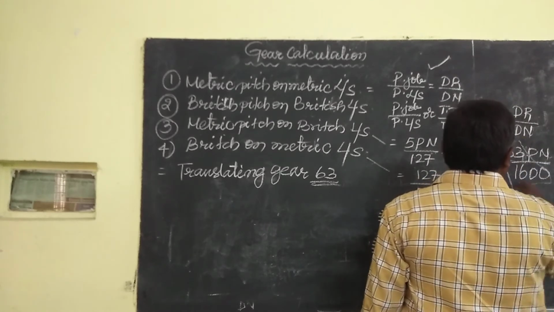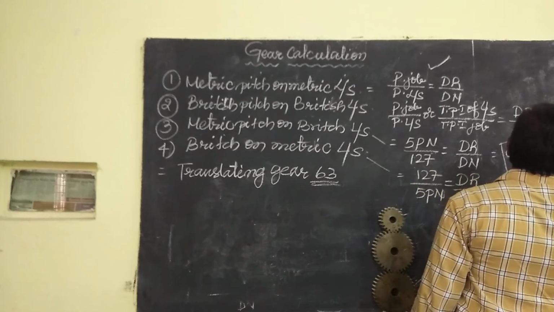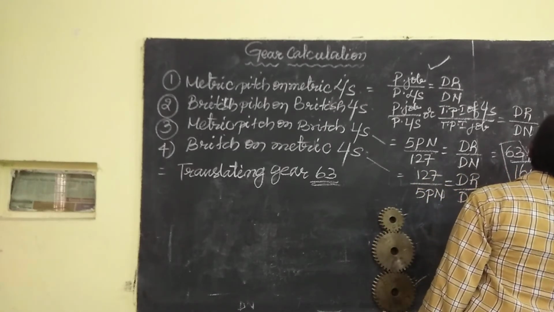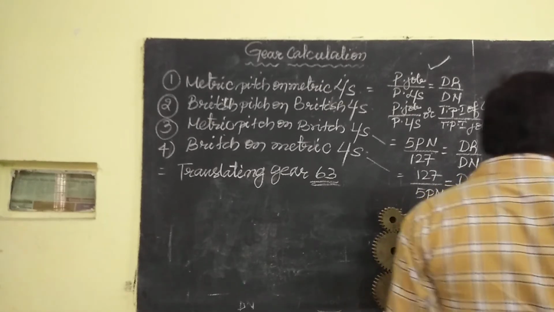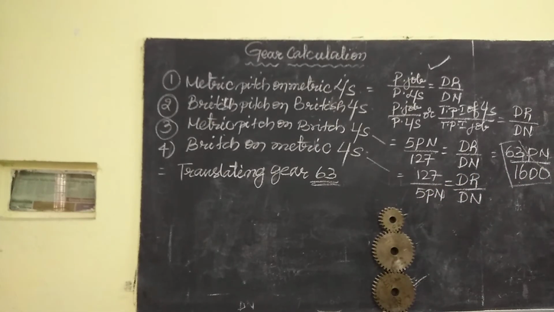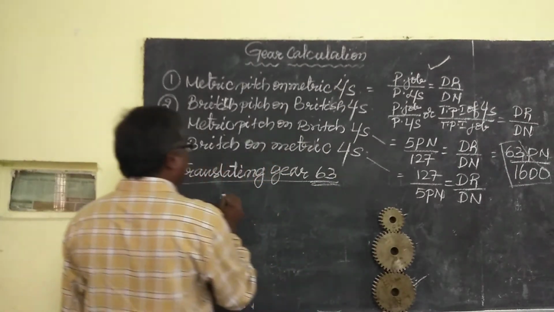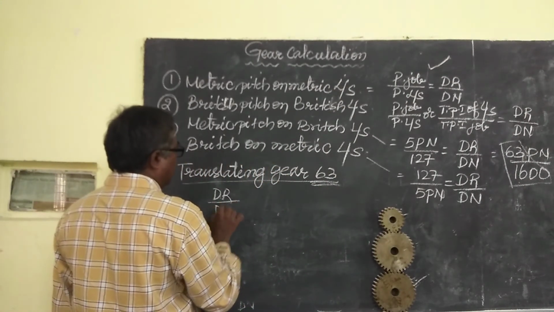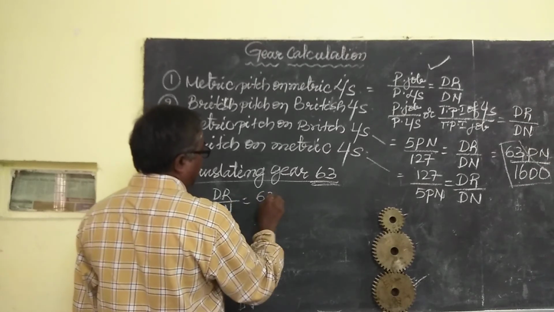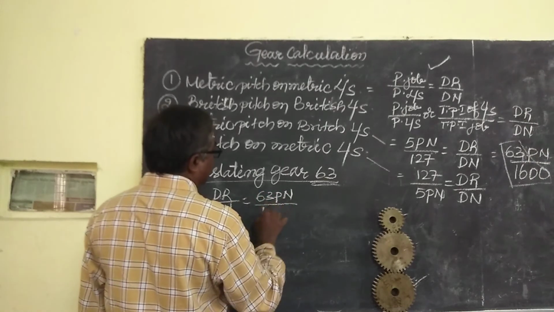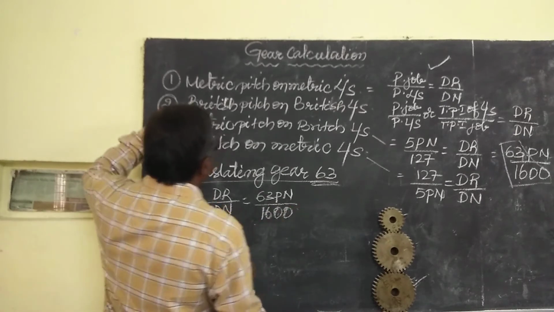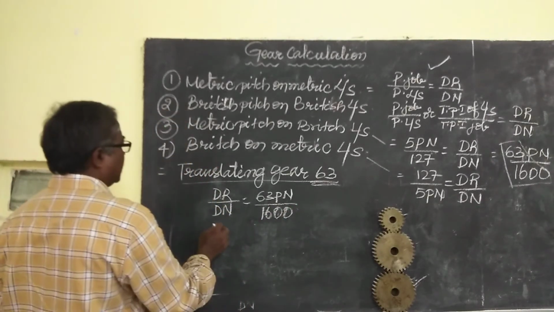This 63 pn by 1600 is equal to 63 into 25.4, you will get nearly 1600, approximately. This is the way. When this translating gear is given, dr by dn is equal to 63 pn by 1600. What is that one? Metric pitch on British lead screw.